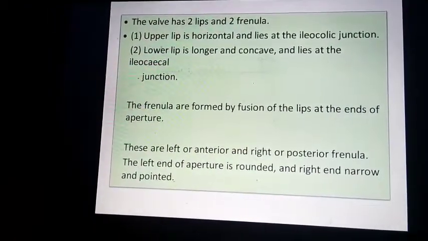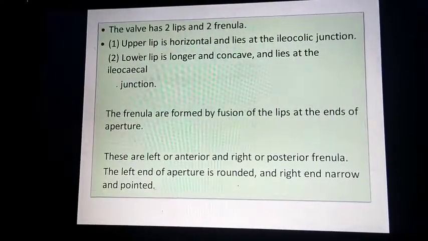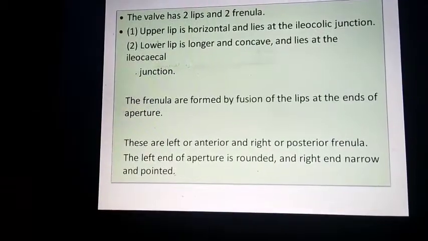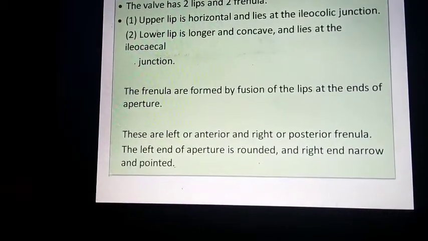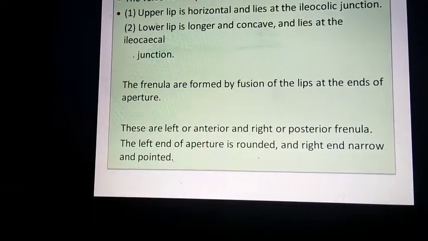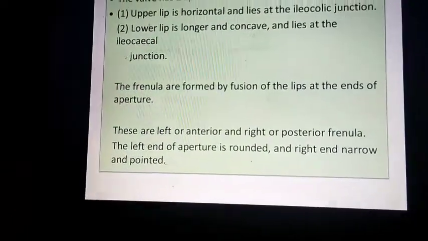The frenula are formed by the fusion of the lips at the ends of the aperture. These are the left or anterior, and the right or posterior frenula. The left end of the aperture is rounded and the right end is narrow and pointed.